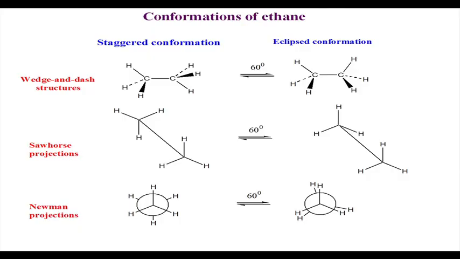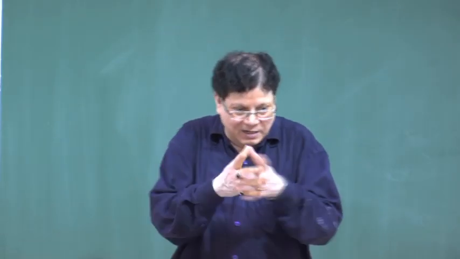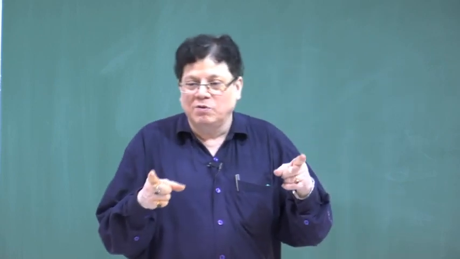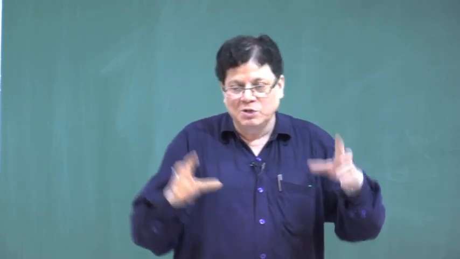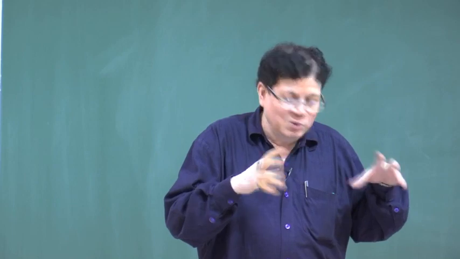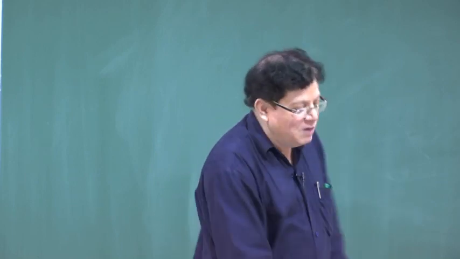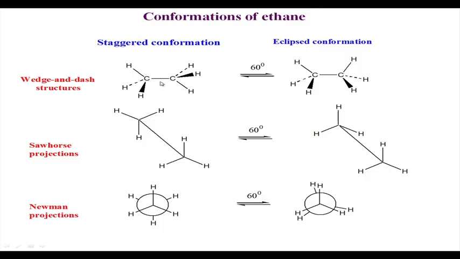Now, we have done the ethane conformation. The conformation started with ethane, that is a carbon-carbon bond, because you need a carbon-carbon bond in case of organic compounds to do the conformation analysis. So, if you draw the conformation of ethane, see, this is the wedge formula, sometimes called wedge and dash structure. Okay.